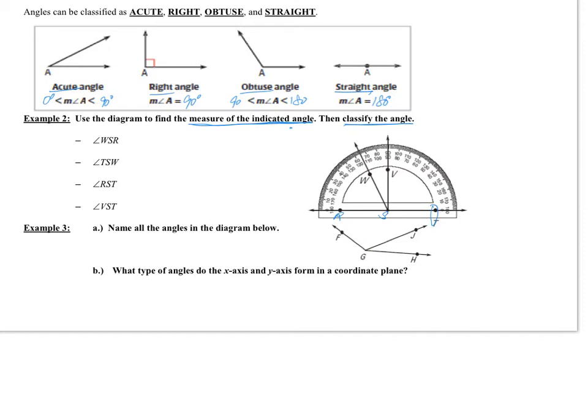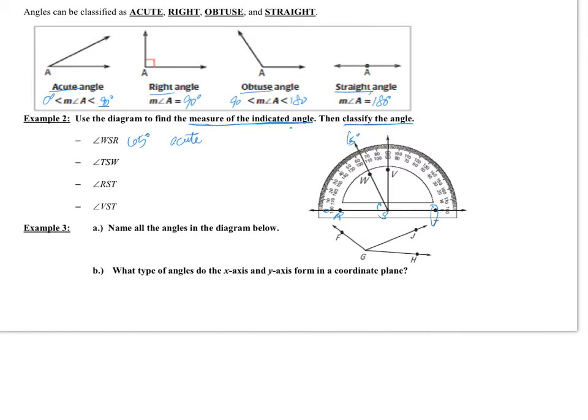So R, S, W. We say this is starting from 0 degrees, reading clockwise, 65 degrees. And since it's between 0 degrees and 90 degrees, we call it an acute angle.